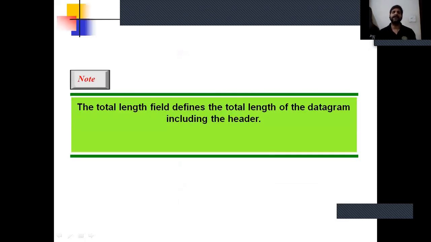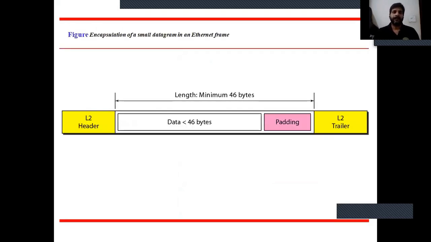The total length field defines the total length of the datagram including the header. Data less than 46 bytes is padded to a minimum of 46 bytes. L2 is the portion of header, some padding, and trailer used for extra bits for redundancy mechanism.